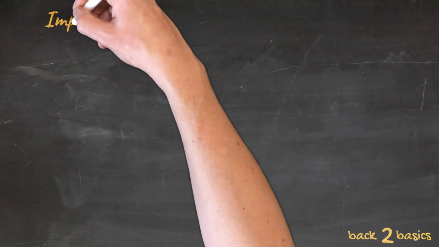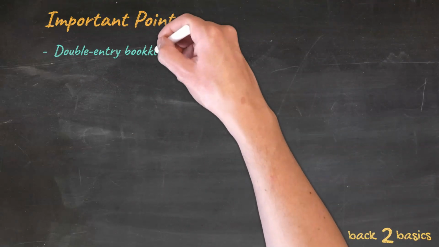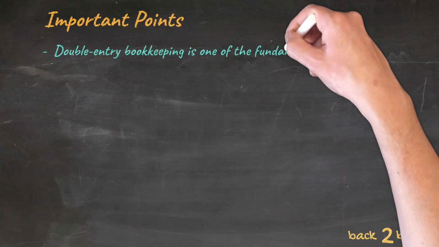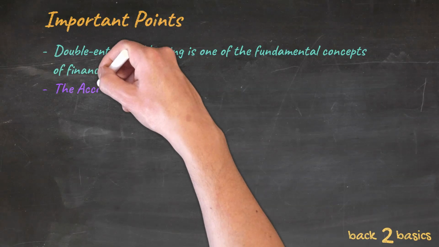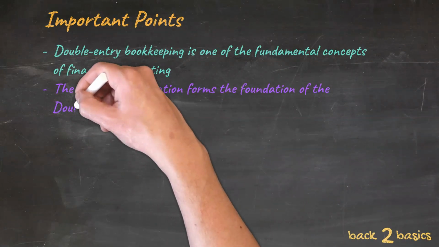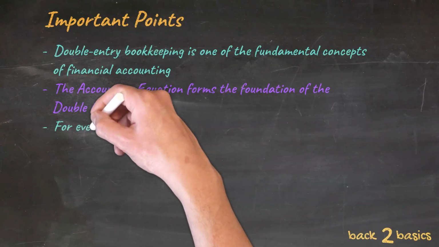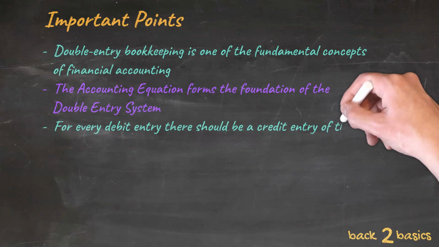Before closing off, I'd like to recap a few important points. Double entry bookkeeping is one of the fundamental concepts of financial accounting. The accounting equation forms the foundation of the double entry system. For every debit entry, there should be a credit entry of the same value and vice versa.